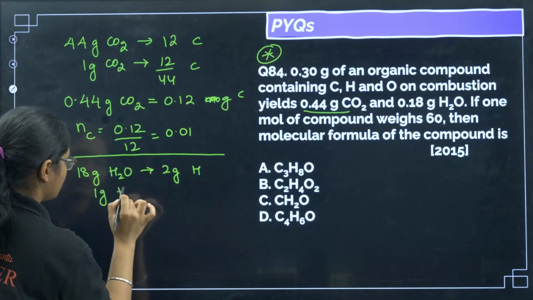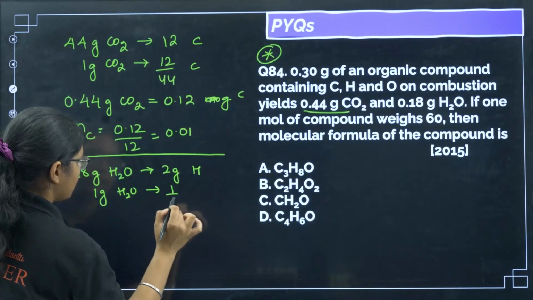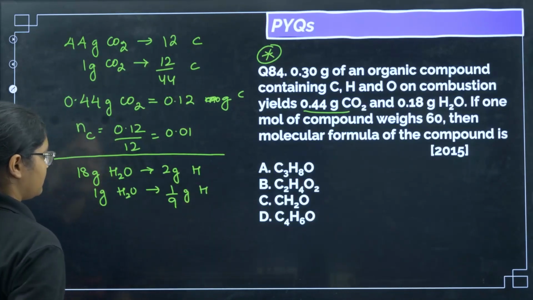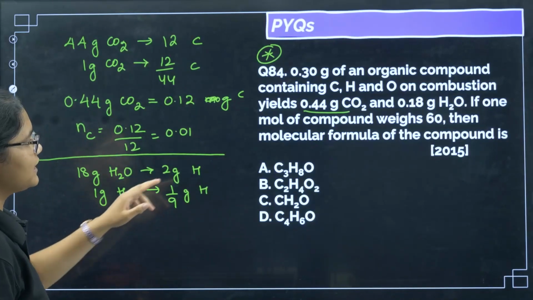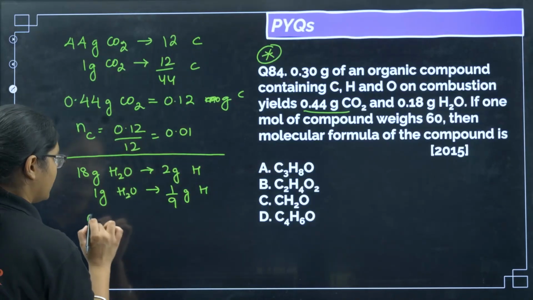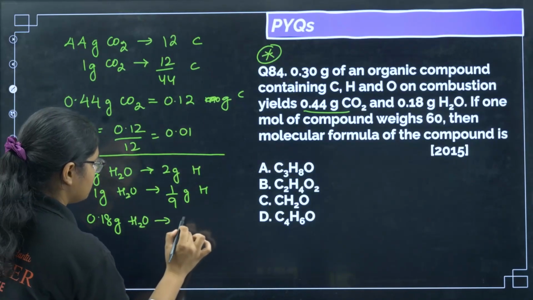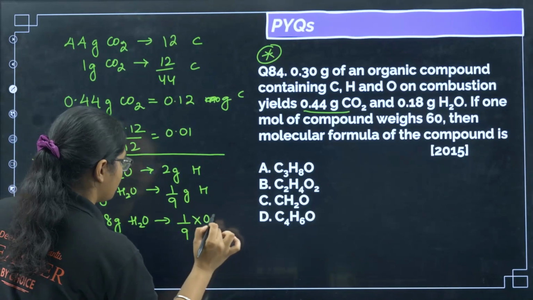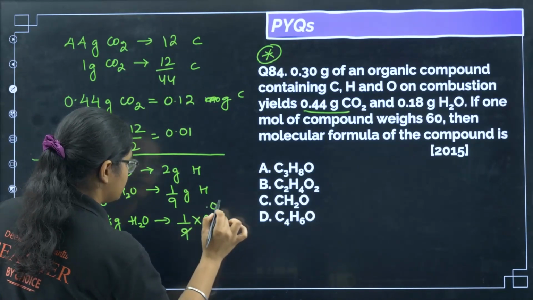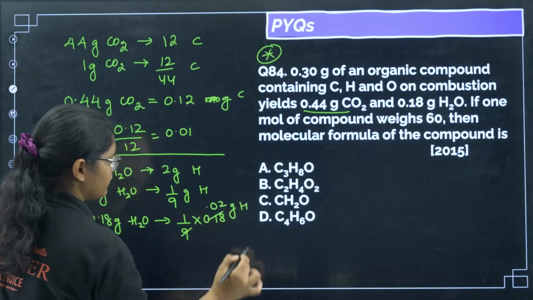In 1 gram of water, it is 1 by 9 gram of hydrogen. Next, it is given how much gram of water is produced? 0.18. So 1 by 9 into 0.18, that is 0.02 gram of hydrogen.